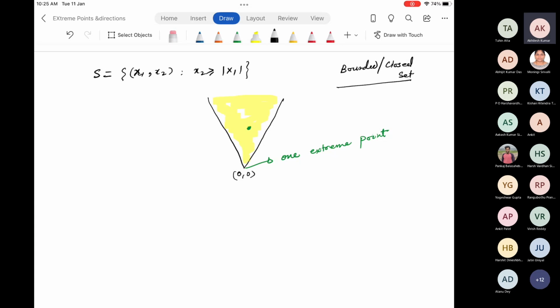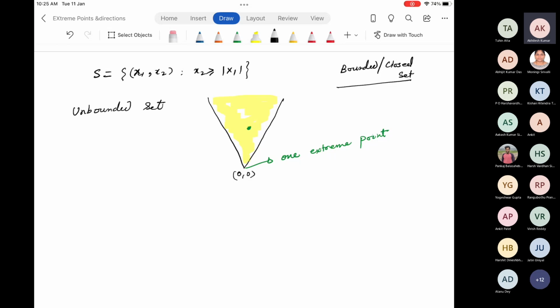If it is a bounded or closed set, we can represent any point in the convex set as a convex combination of extreme points. But when it is an unbounded set, extreme points alone cannot give you a convex combination.